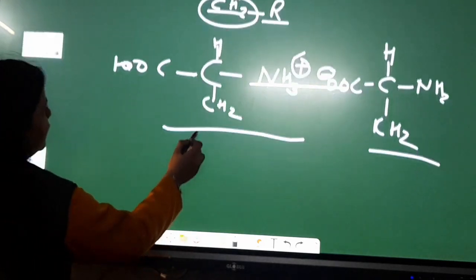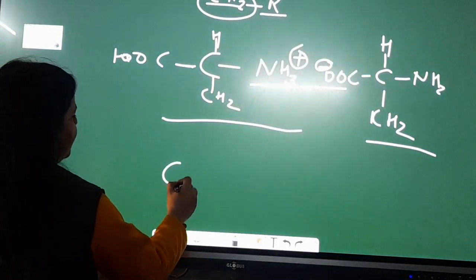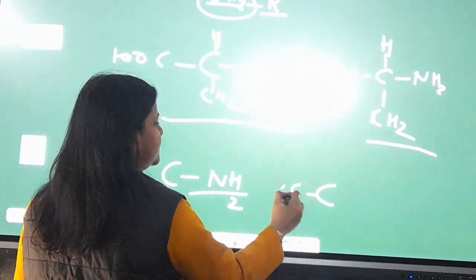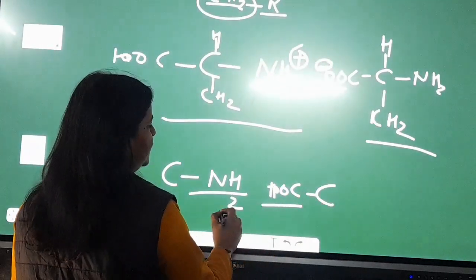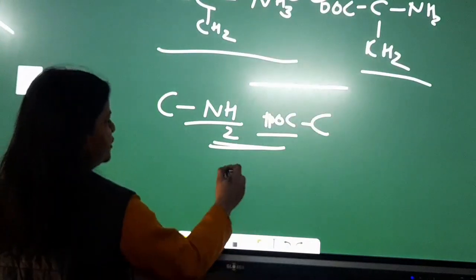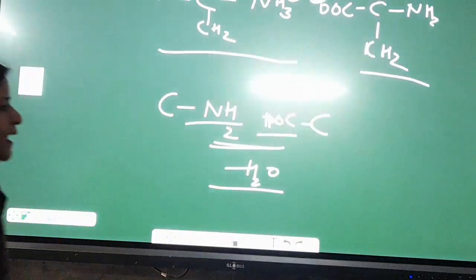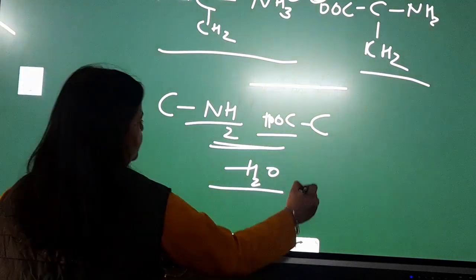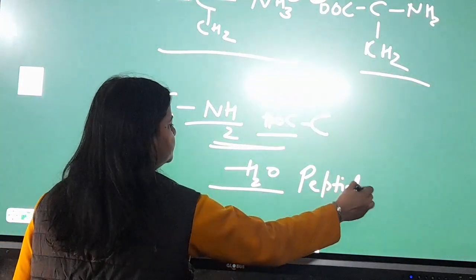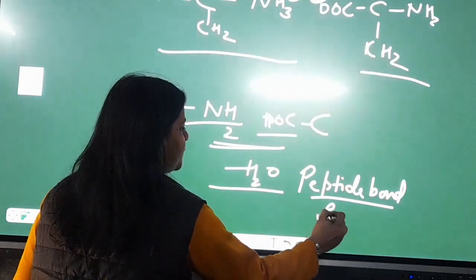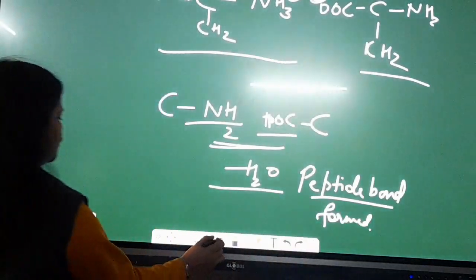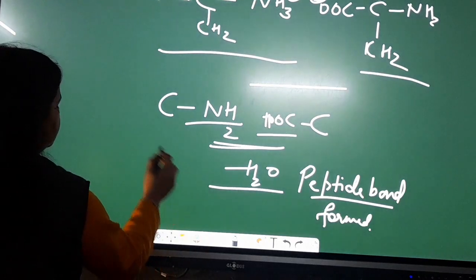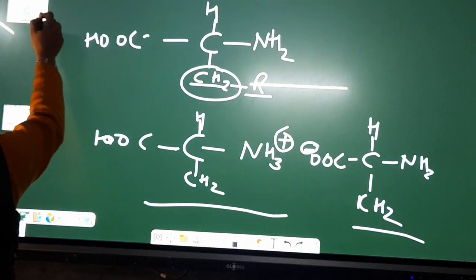Now proteins are formed by making peptide bonds, in which the NH2 and the carboxyl group of another carbon help in the formation of a water molecule. और पानी का मोलिक्यूल जब रिमूव हो जाता है तो यहाँ पर हमारा पेप्टाइड बॉन्ड बनता है. So you can check it with the help of the diagram.